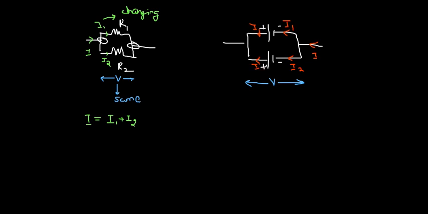Again they combine and will leave here as I. We named these values as cell E1 with the internal resistance R1, similarly cell E2 with the internal resistance R2. Therefore, as we have taken the sum of the current, similarly here we have to take the sum of current.